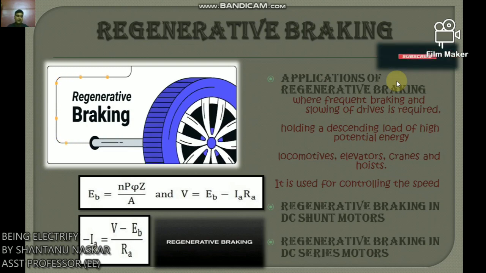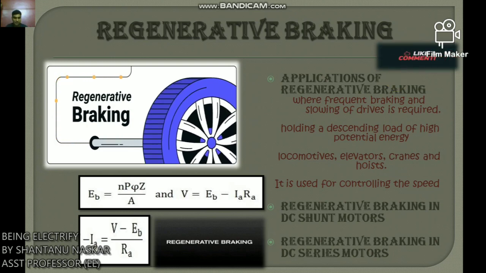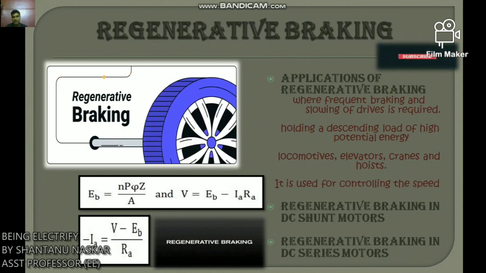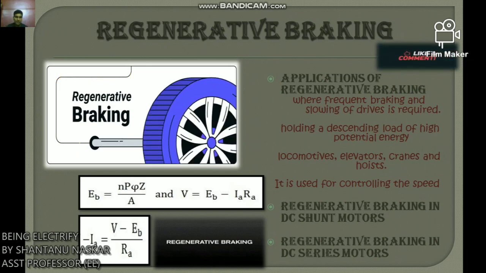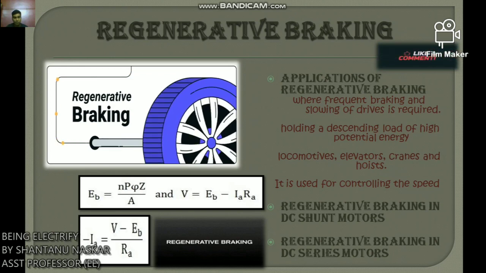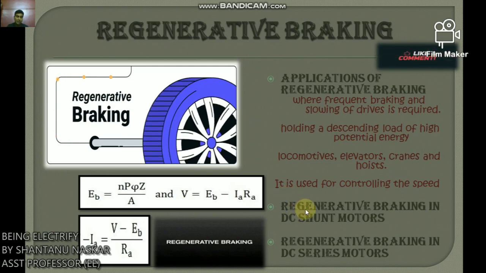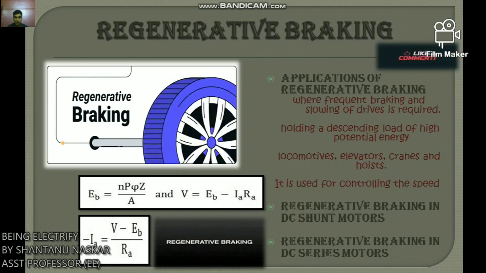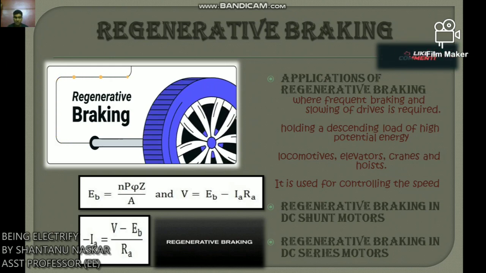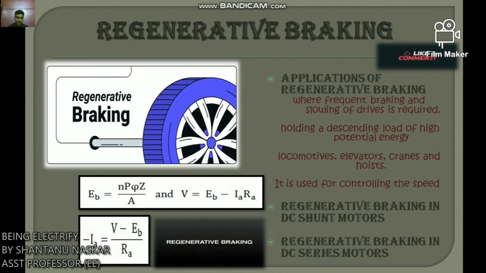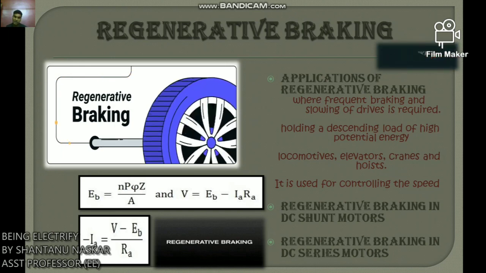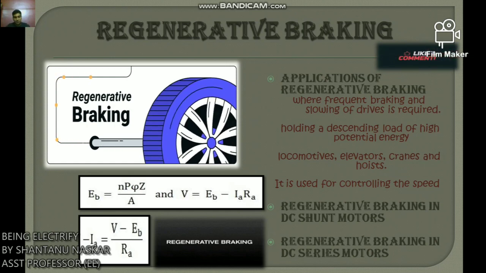Regenerative braking is used especially where frequent braking and slowing of drives is required. It is most helpful and useful in holding a descending load of high potential energy at a constant speed. It is used to control the speed of motors driving loads such as in electric locomotives, elevators, cranes, and hoists.